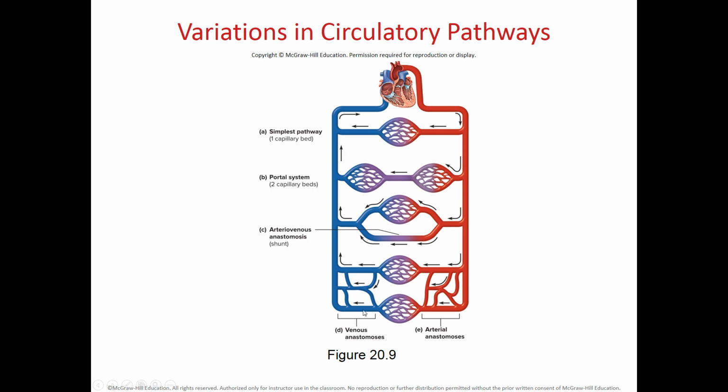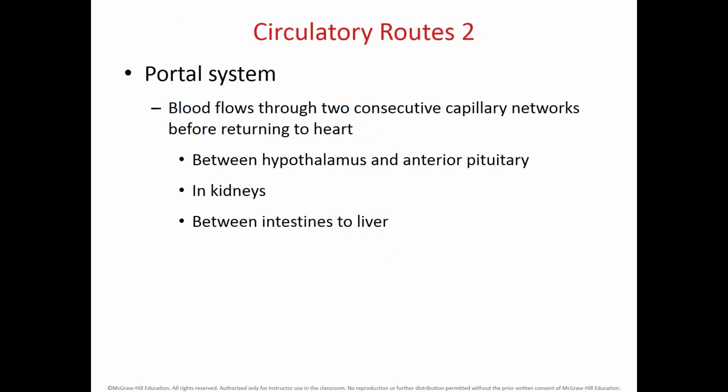And you can have arterial anastomosis, in this case, in which you have two arteries connecting through blood vessels in here, or you can have venous anastomosis, in which you have veins connected through blood vessels in here. So these are the variations in the circulatory pathways: capillary beds, portal system, arteriovenous anastomosis, arterial anastomosis, or venous anastomosis, or connections or shunts.